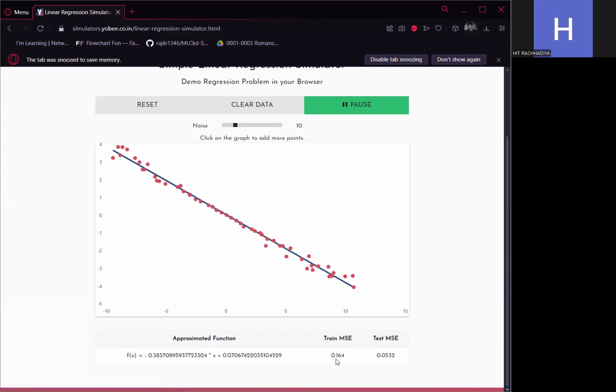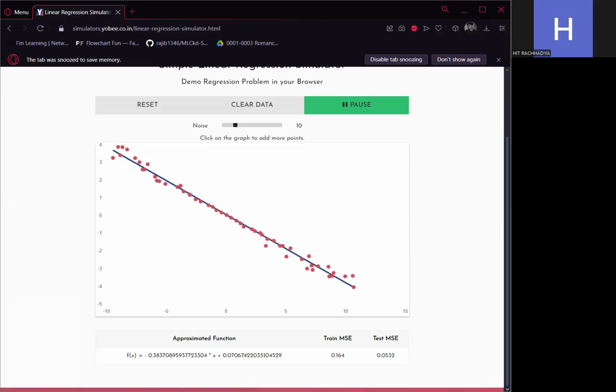This train MSE and test MSE are the measures of the error in a regression model, and they help to assess how well our model fits the data and generalizes to unseen data.